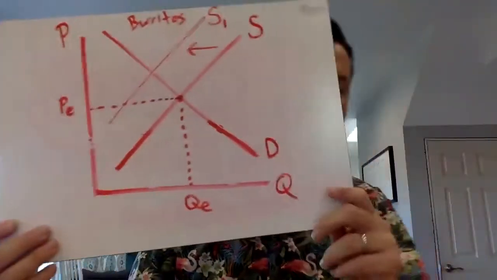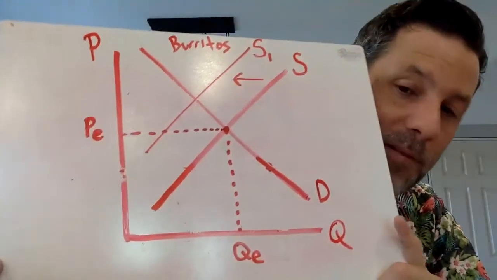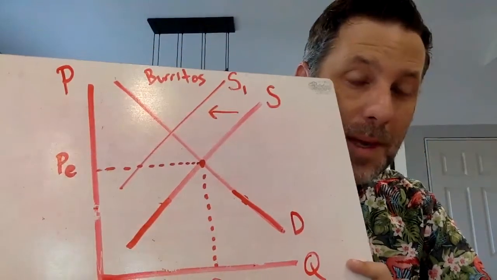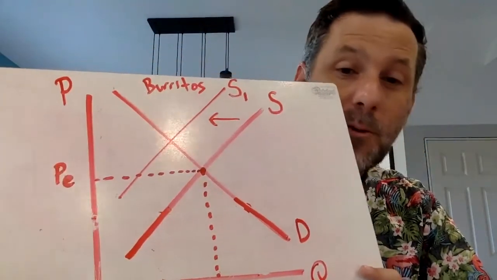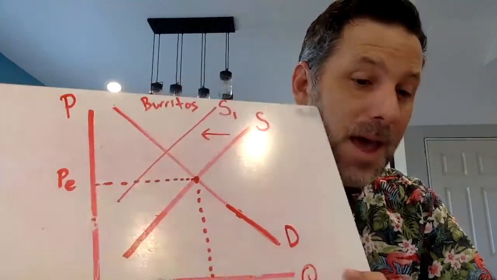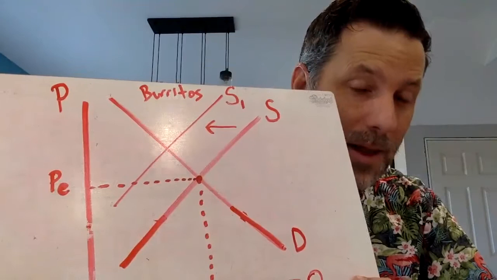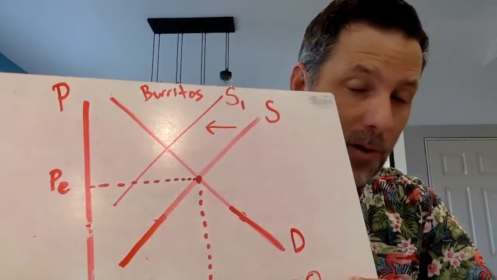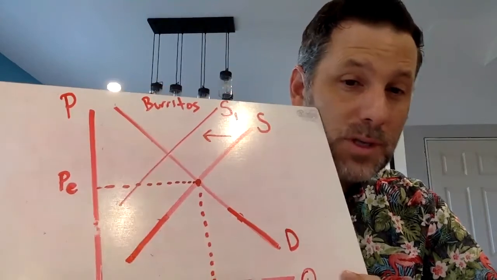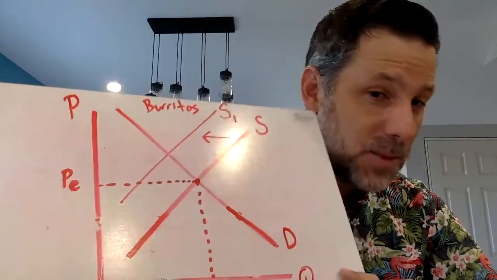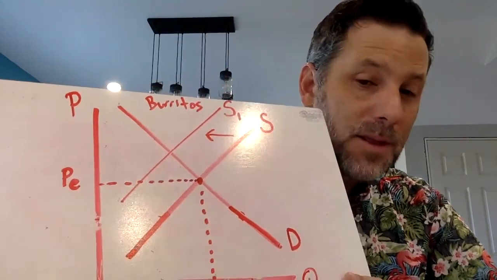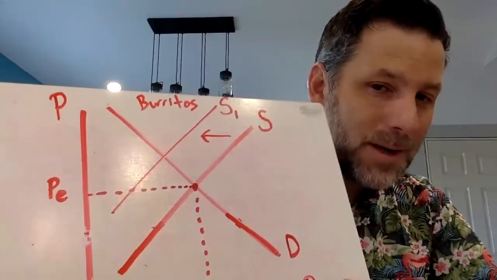Remember, equilibrium is our market clearing price and quantity. At that price and quantity, everybody who wants to buy can buy, and everybody who wants to sell can sell. There are no businesses that can't sell their product because it's priced too high, and no consumers that can't find the product because it's priced too low. At equilibrium, the quantity supplied matches the quantity demanded.